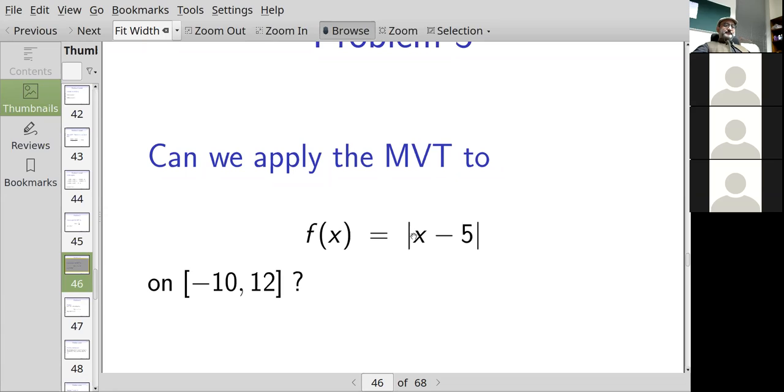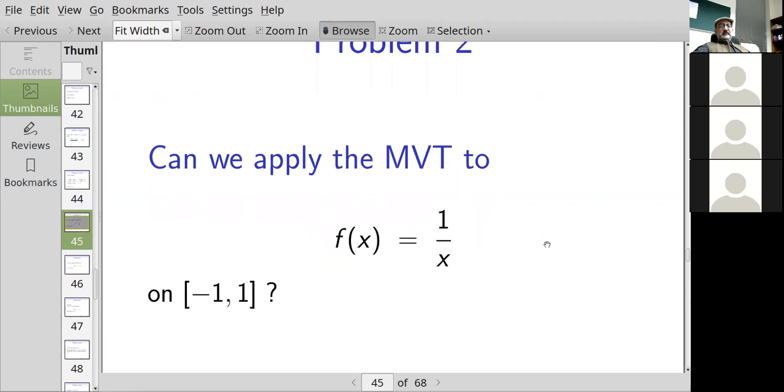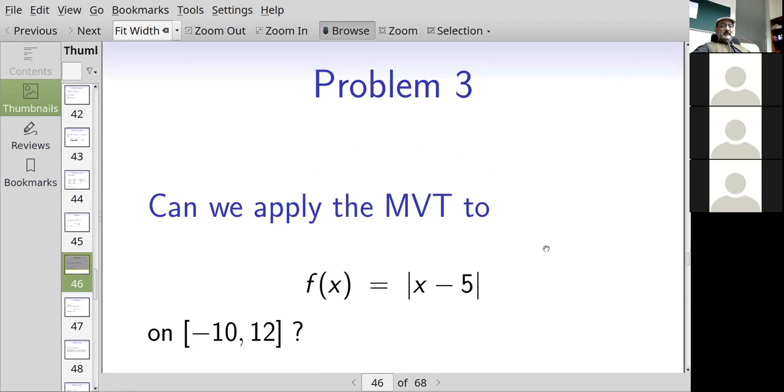And 5 is in the domain. Sir, the conditions for the mean value theorem are basically that it should be continuous on that interval and it should be differentiable. And sir, what about the question above this? It was continuous and differentiable? No, this is not continuous, and it's not differentiable at zero. Okay, sir.